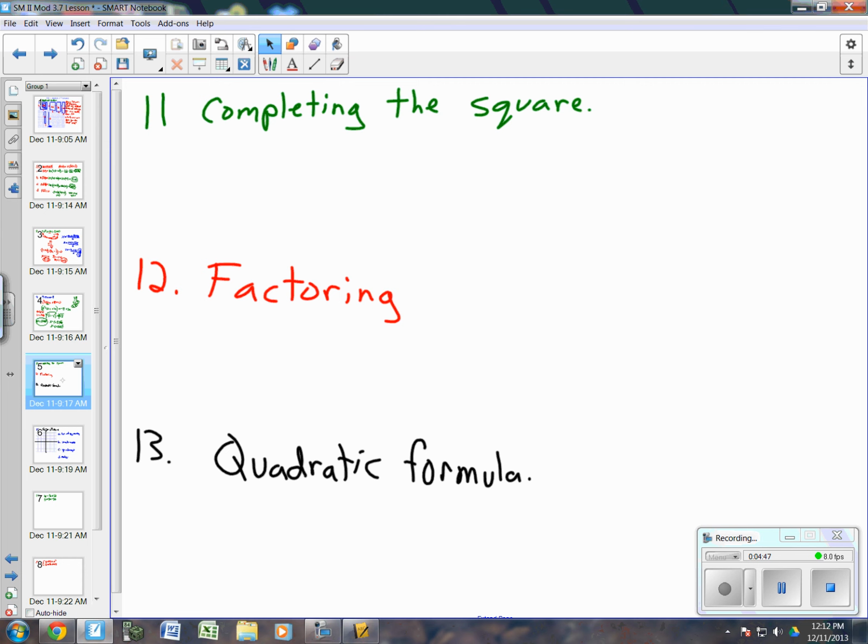Okay, everybody go to number 11, 12, and 13. What does it ask on this exactly? What's the instructions? Okay, summarize the process. If we were to summarize the process of completing the square, what are we going to do first? Step 1.